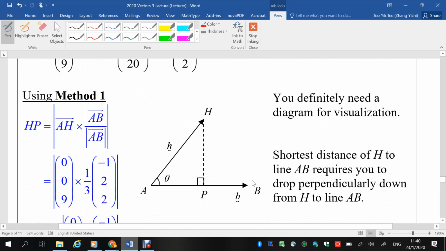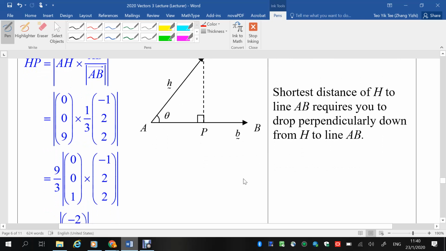And then this is your AH, this is your AB vector divided by its magnitude, which is 3. So same thing, I want you to practice. Cross product, I give you the chance, practice, practice, practice. See if you can get the answer to come out. Should be quite easy because there are many zeros. When there are many zeros, your cross product becomes very fast.